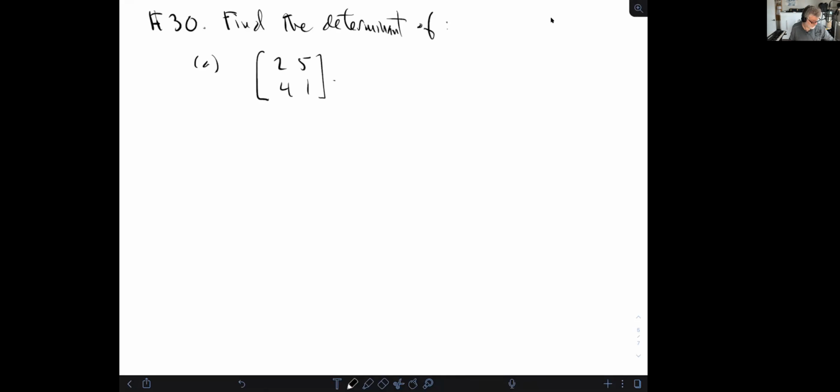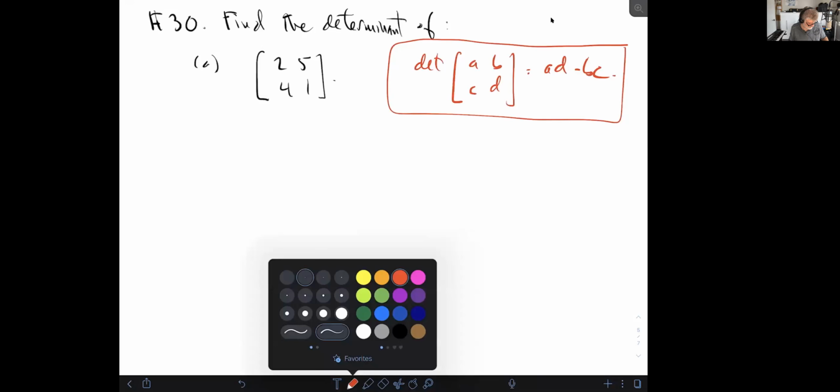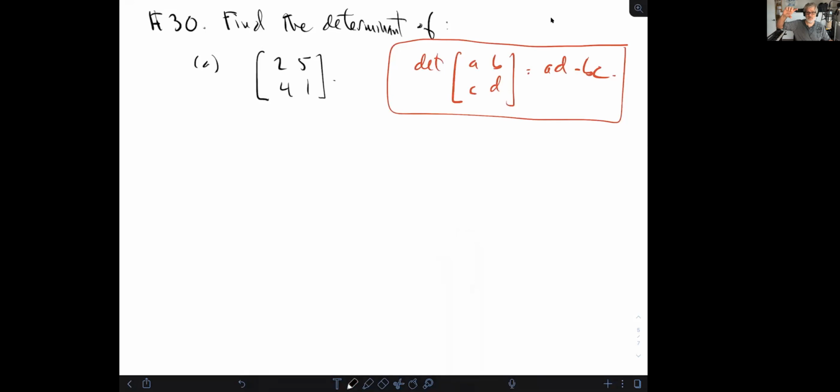For a 2 by 2 matrix, the determinant of A, B, C, D is AD minus BC. So you multiply the entries of the main diagonal, you multiply the remaining 2 entries, and you subtract. So once you know that, it's basically a no-brainer. The question is, do you know it or not?